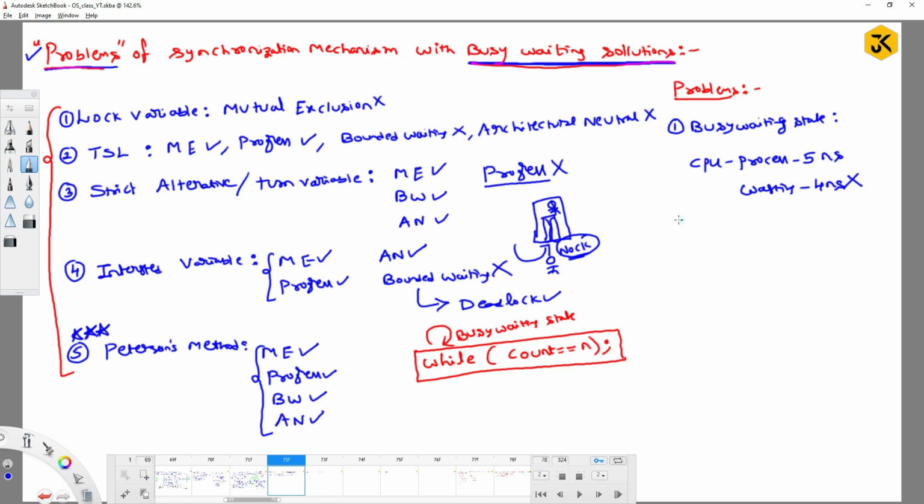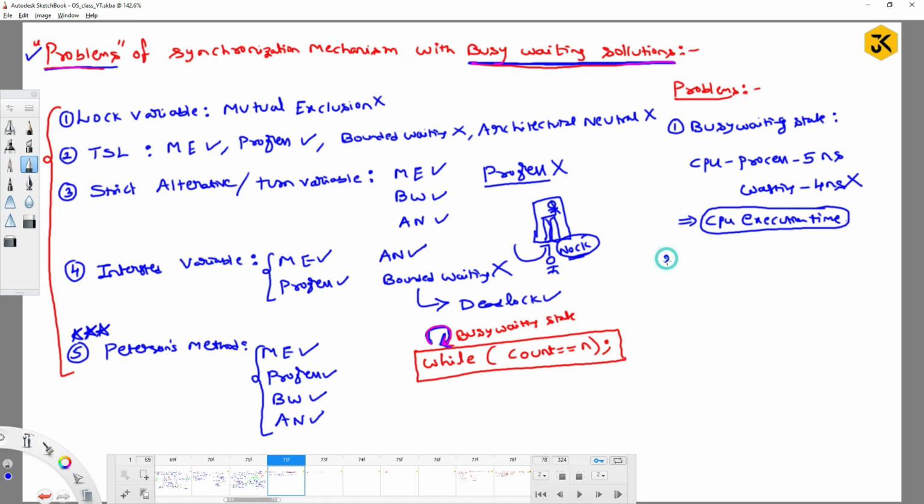Simply I can say that it is wasting CPU execution time, right? When it is in the busy waiting mode, as soon as it gets the chance, it is trying to enter the critical section by knocking the door, right? So indirectly I am saying that you are wasting CPU execution time, right? That is one of the problems we are going to face with busy waiting solutions.